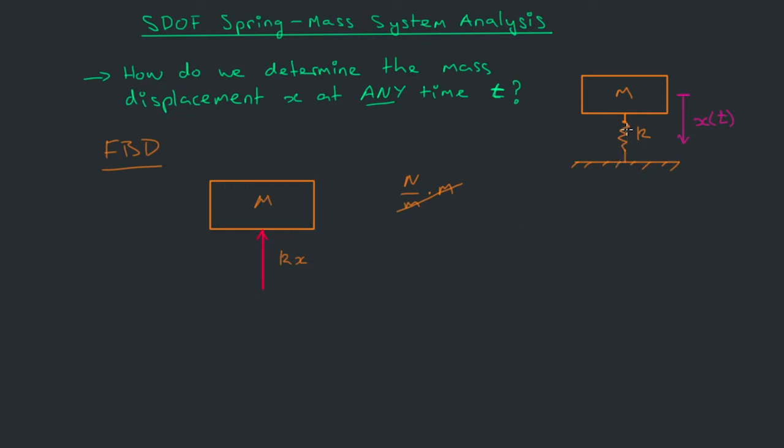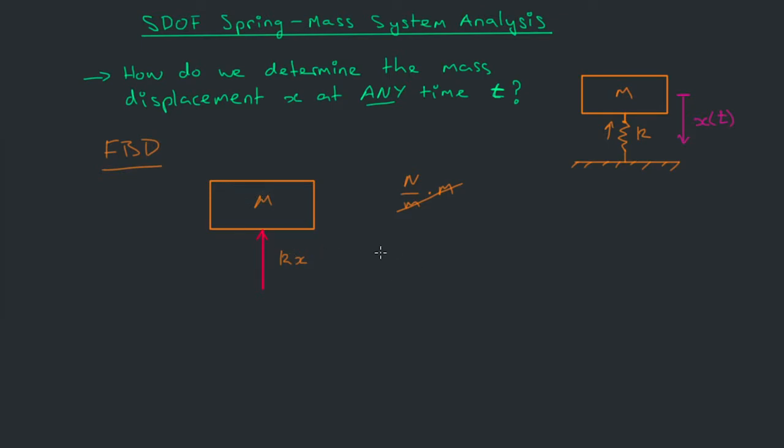If I move it down, the spring is going to push back against the mass, it's going to push up. If you get the direction of this vector wrong, you're going to get the wrong answers. So look at how you've assumed your directions, pretend you're moving the mass down in that direction, and then ask yourself which way the spring force is acting.